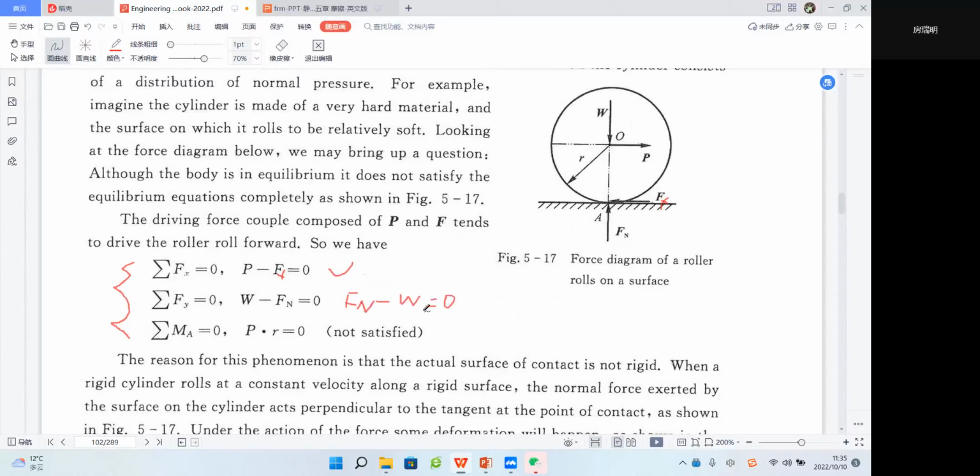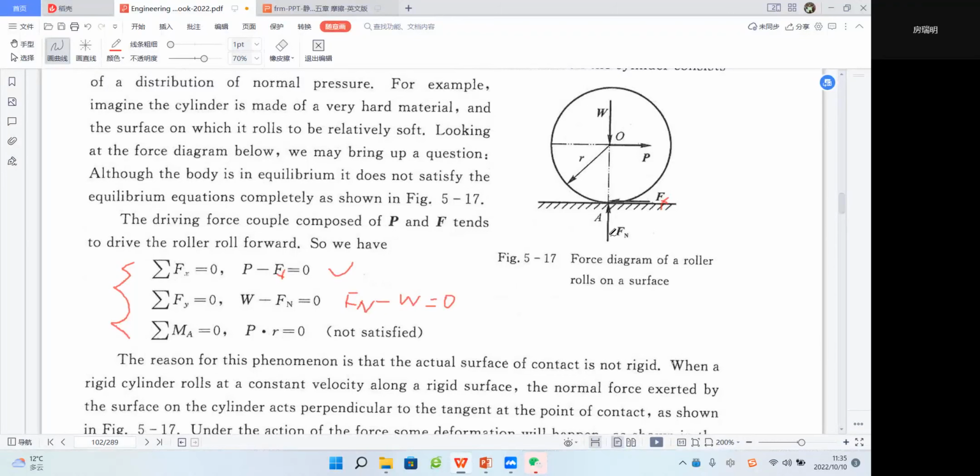You can say actually this equation is the same as this one if we multiply by -1 on both sides. But for the third one, if we use point A for the moment equation, we have sigma MA equals 0.